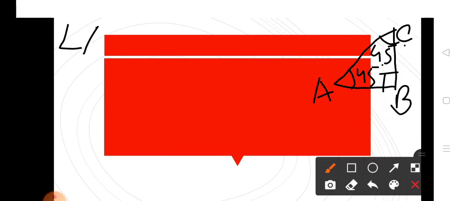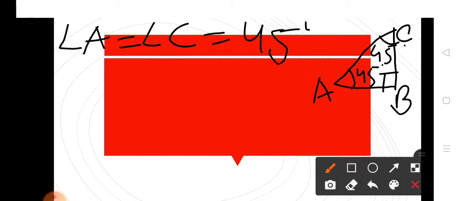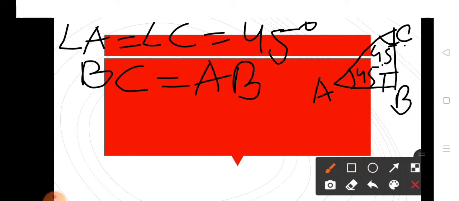You can write angle A equal to angle C equal to 45 degree. Because of this, BC will be equal to AB. Suppose that BC and AB are equal to A.